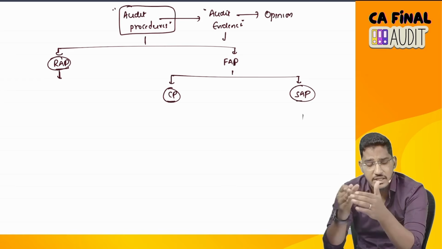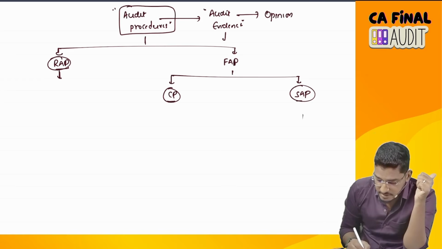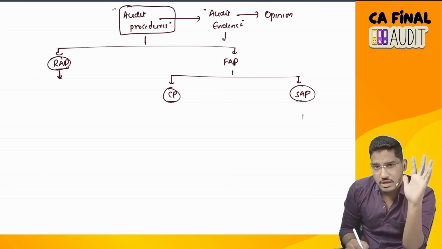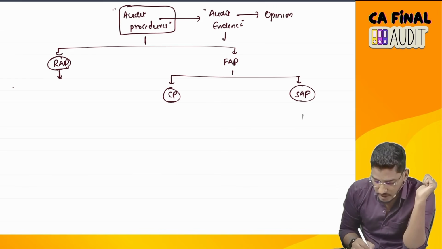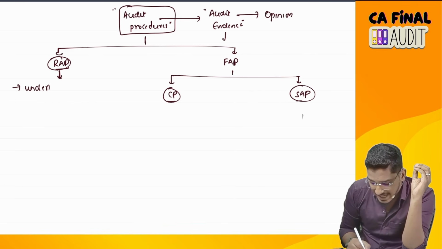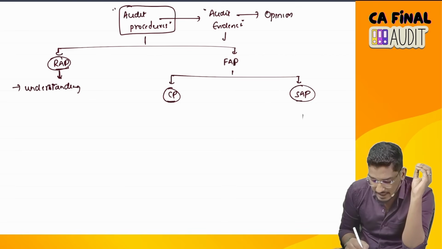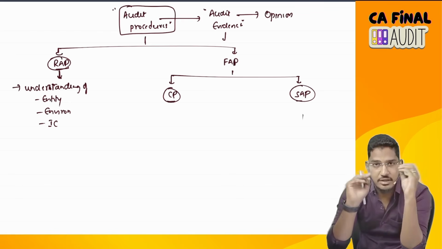So initially, in case you are getting appointed as an auditor, the first thing you will do is, before you go to the accounts department and start verifying the books of accounts, you try to perform some procedures by which you try to obtain an understanding of three things. You try to obtain an understanding of the entity, of the environment, and of internal controls.